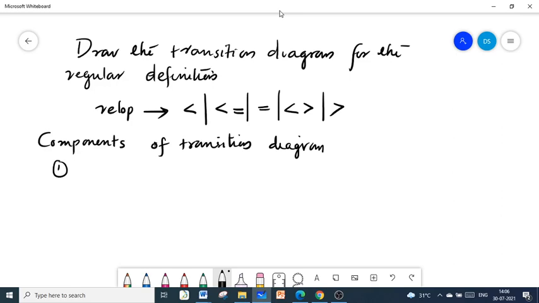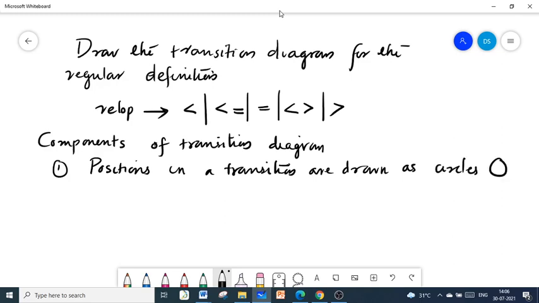First one, positions in a transition diagram are drawn as circles. These are called states.